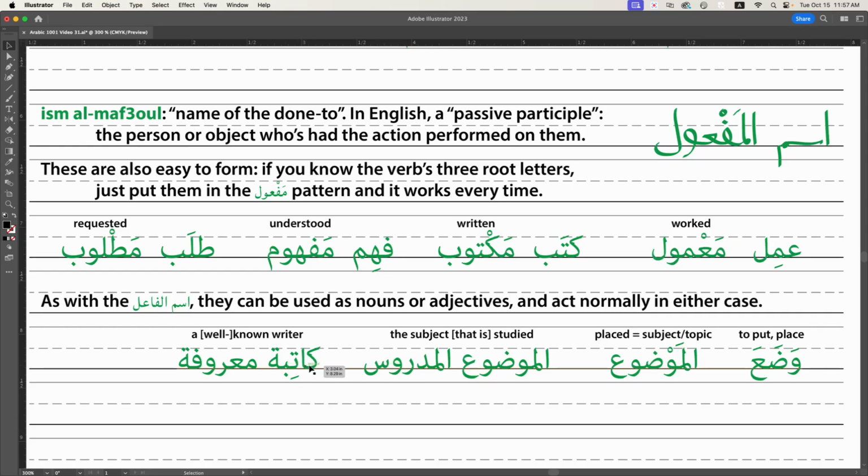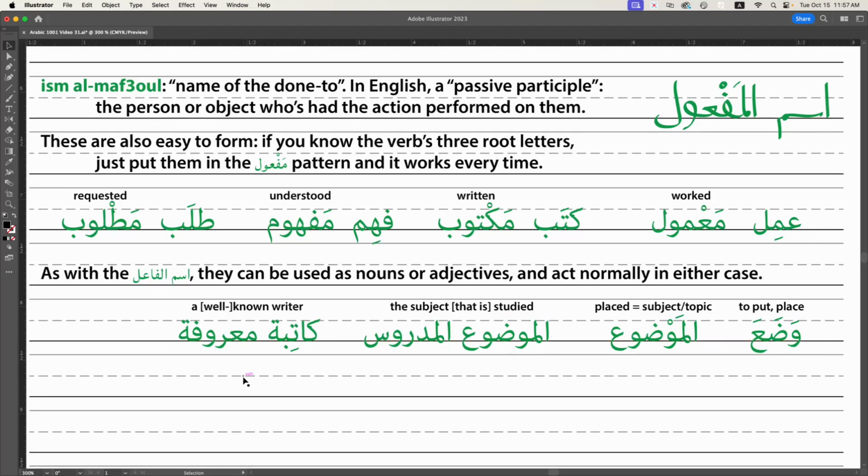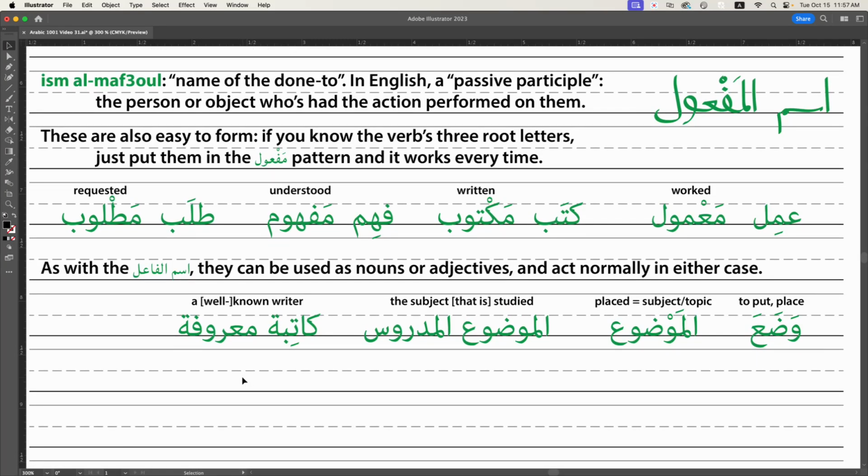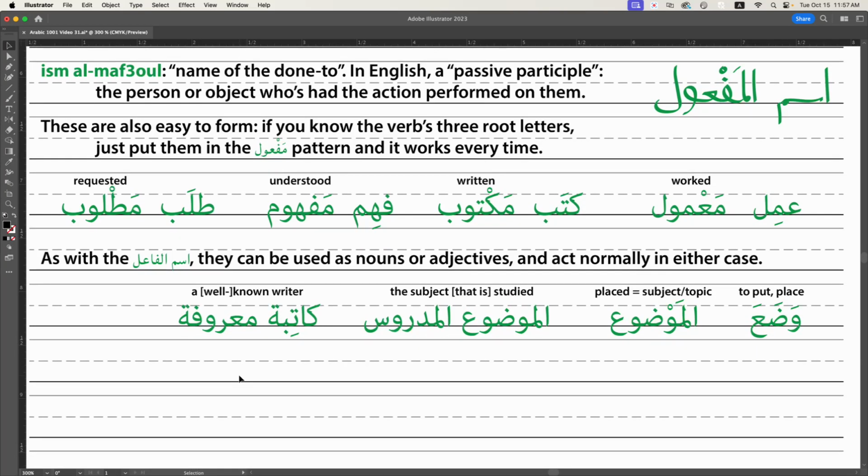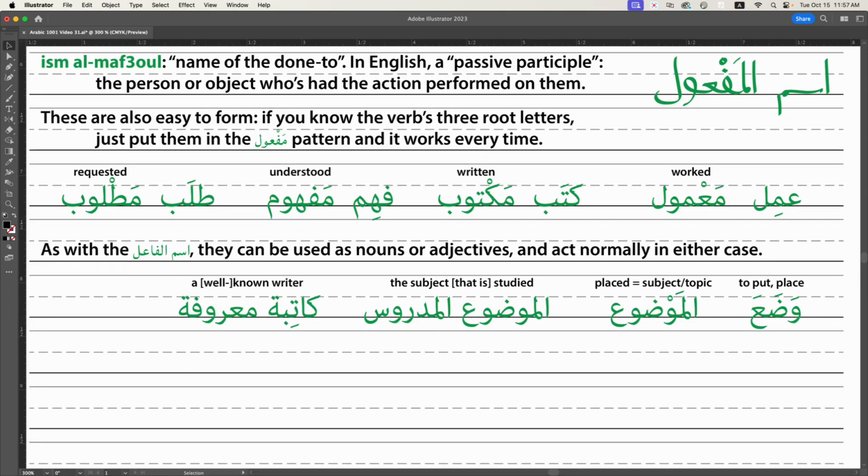A katiba is a writer, this is a woman this time, and she's ma'rufa. Arafa is to know something, so she's known, and we mean well known or famous. So once you get the major ones that you learn, the common vocabulary words, and see how they differ a little tiny bit sometimes from the literal meaning, you'll get used to these pretty quickly. They're really not a problem to use, and they're really easy to form, so you shouldn't have any problems with them.